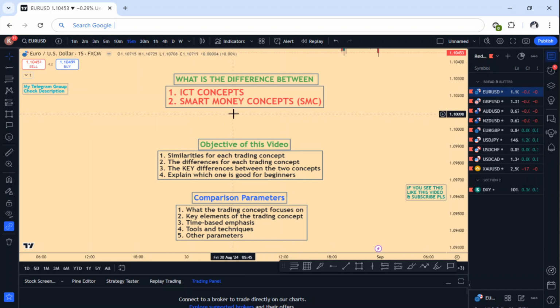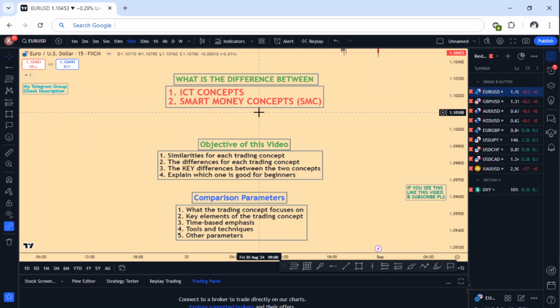They share some similarity, as both of them focus on understanding the behavior of institutional traders, or generally what we call the smart money or the big banks. And this concept tries to identify high probability trading setups. Despite that, they could be having some differences, which you are going to see in this video.